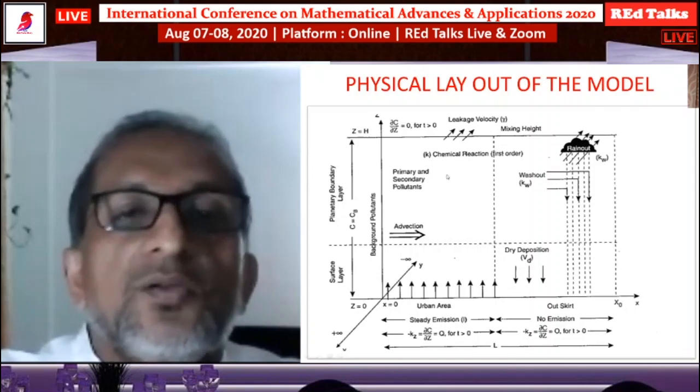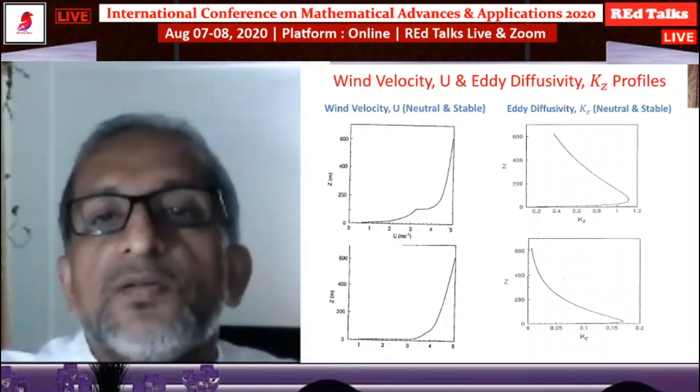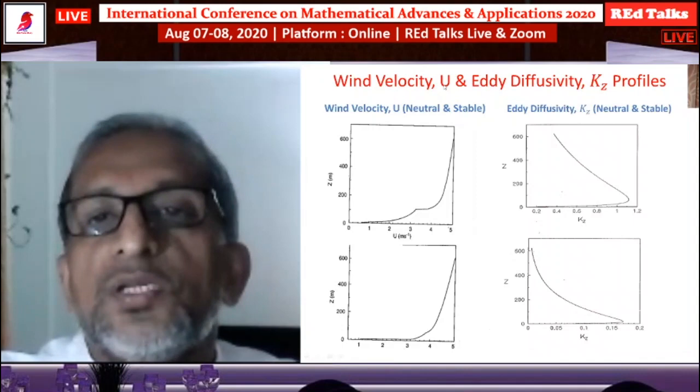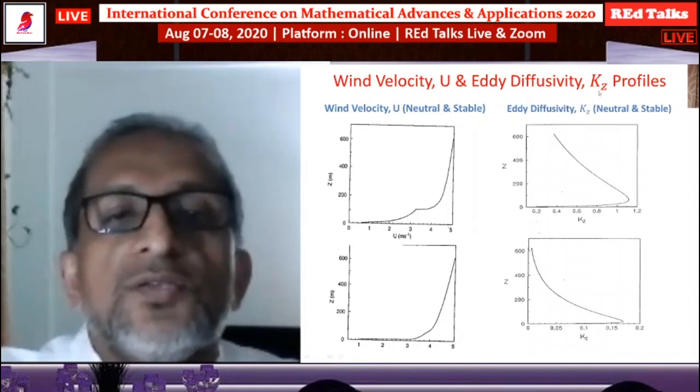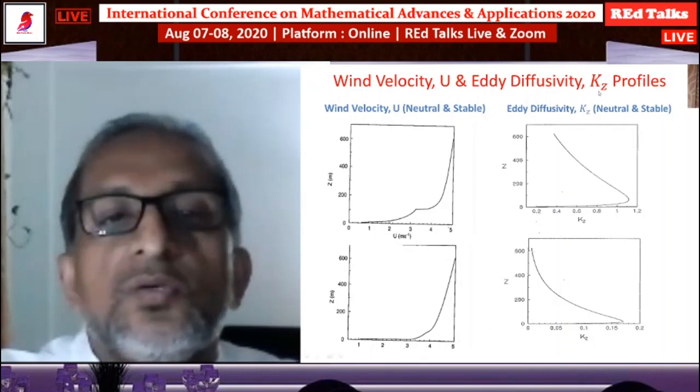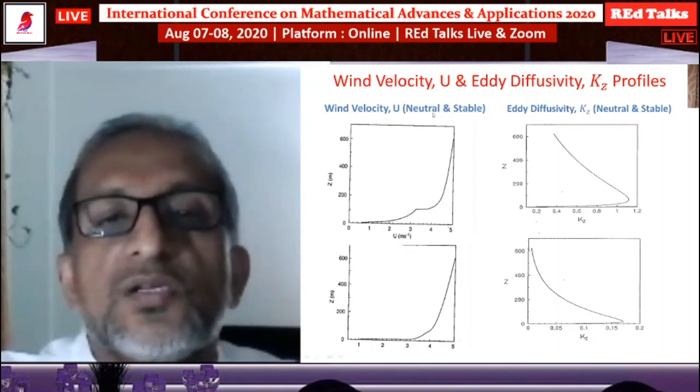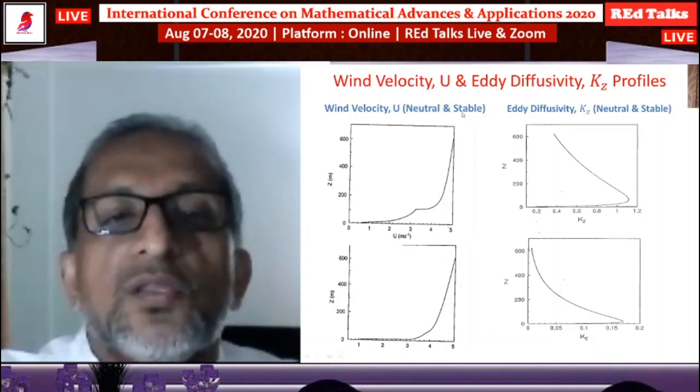So these are the two important parameters which are in fact the input to the model, I mean the partial differential equation. So here we are considering two cases, the neutral and stable conditions, which are not good from the air pollution point of view.